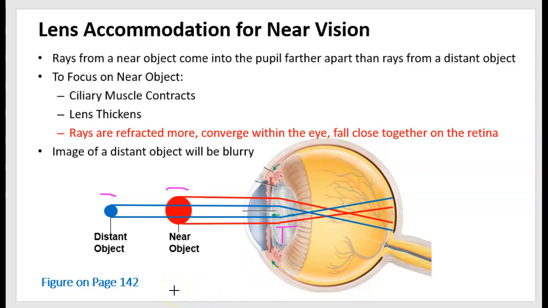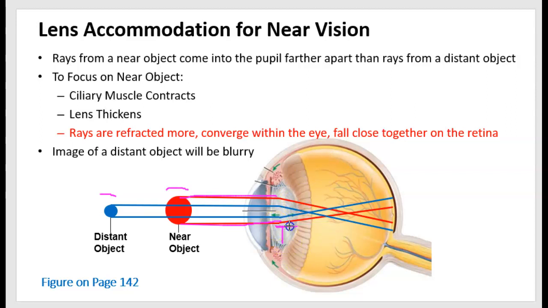Notice that a near object always looks bigger than a distant object. I think you know this intuitively. When something's close to you, it looks bigger than when it's far away. And so when an object is close and looks bigger, the rays come in farther apart than the rays from a distant object because it's smaller. So they need to be bent more so that they will converge.